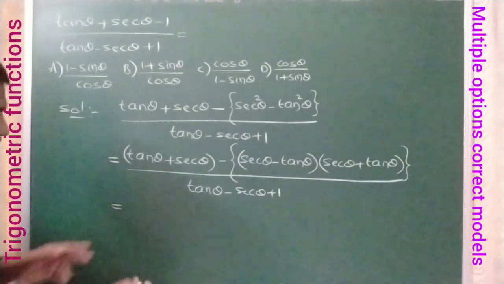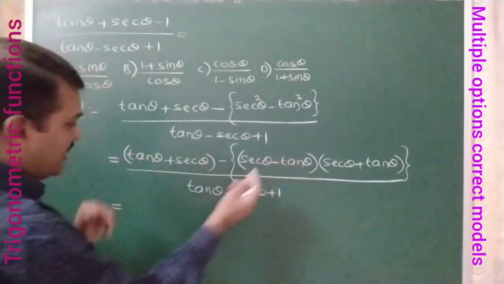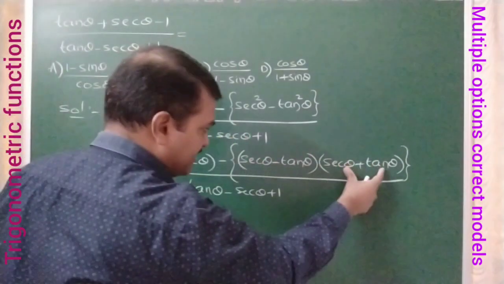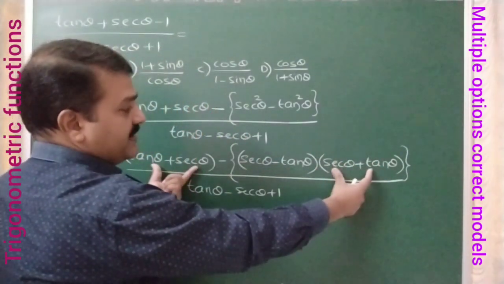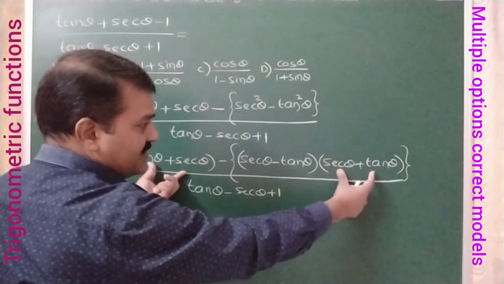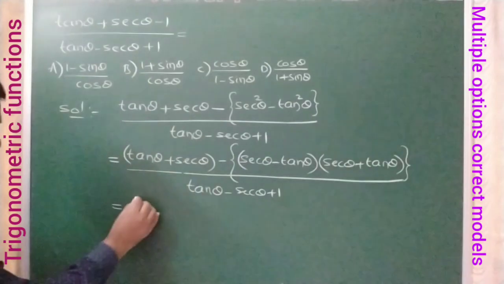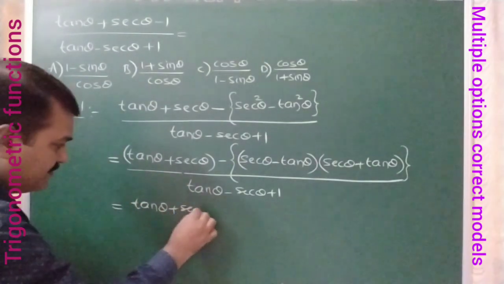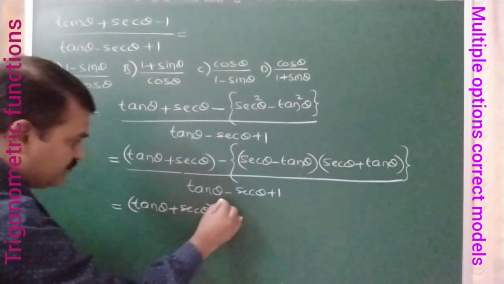Now, in these two terms, clearly tan theta plus secant theta, or secant theta plus tan theta, will be common. In both these terms, clearly this part is common. Okay, so let me take tan theta plus secant theta common now.